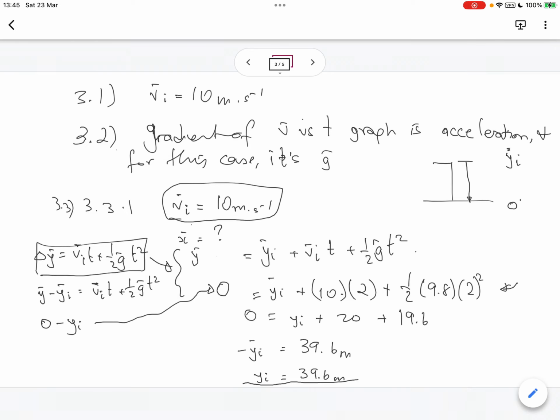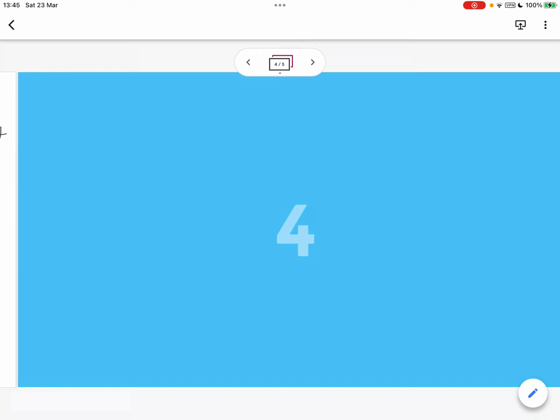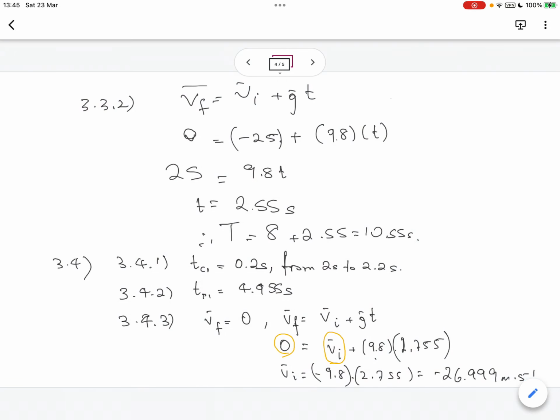So even if y initial is the 39.6, it's fine, then y final would be 0. So y final, which is 0, equals y initial, which is 39.6, plus the rest. So eventually you get negative yi equals 39.6, so yi is 39.6, but since up is positive and we're going in that direction, the signs match. So we did get the same answer on page 3 of the Jamboard from during the week.